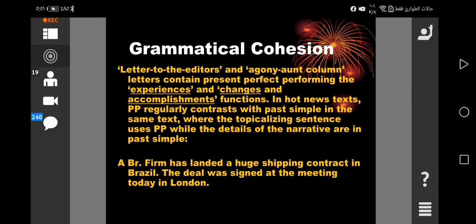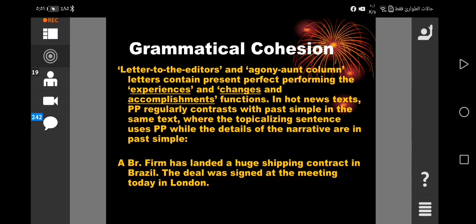The concealed editor is called agony aunt. Well, you have a personal problem, but you do not want to mention your own name, right?